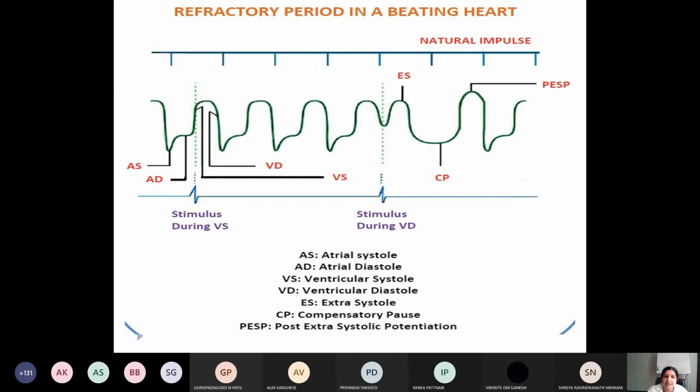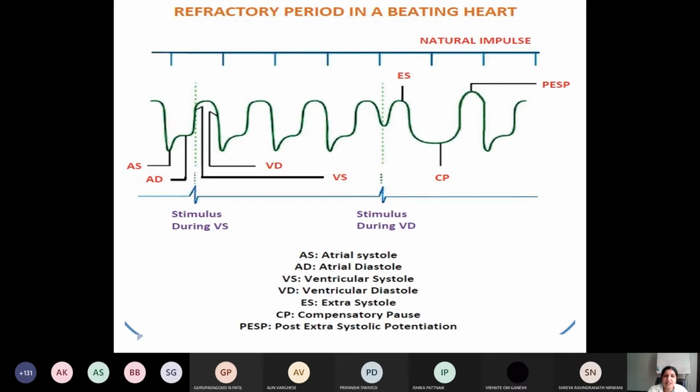But when you give a stimulus at the end of ventricular diastole, there will be a second contraction, called extrasystole. The heart muscle will respond, and that response is called extrasystole because it does not coincide with the normal systole. Clear? You understood?